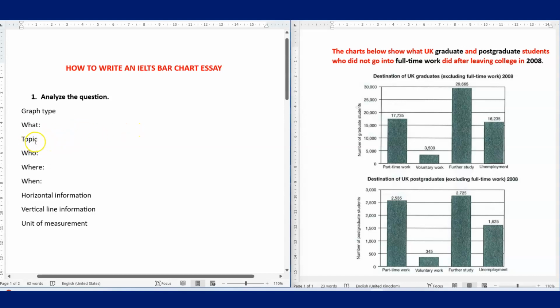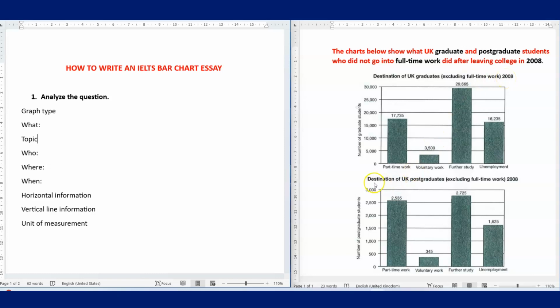Then we can look at the topic. What is the topic talking about? It's talking about the destination of UK graduates. So instead of saying what they did, you use the word destination. The first one is the destination of UK graduates, excluding full-time work in 2008.